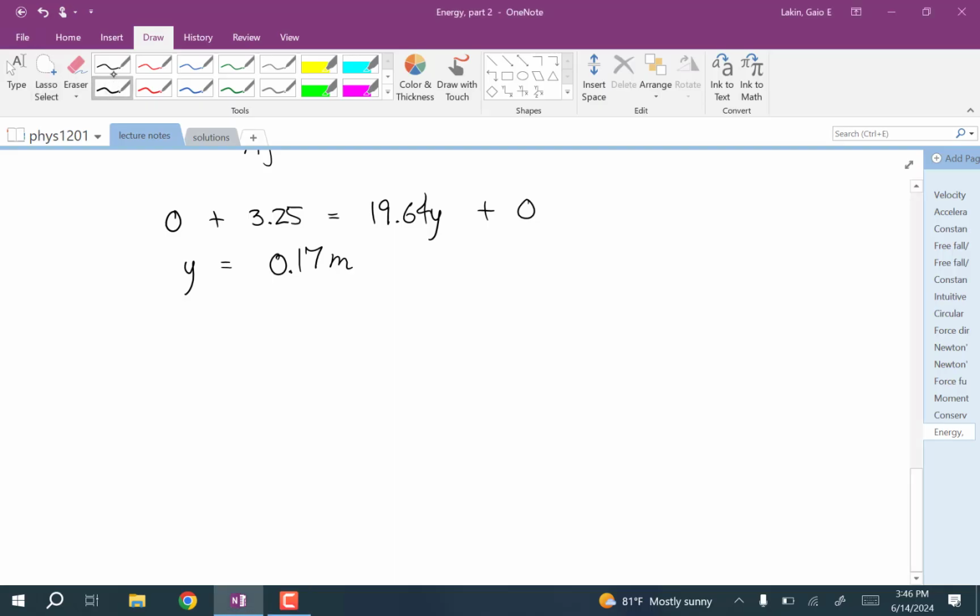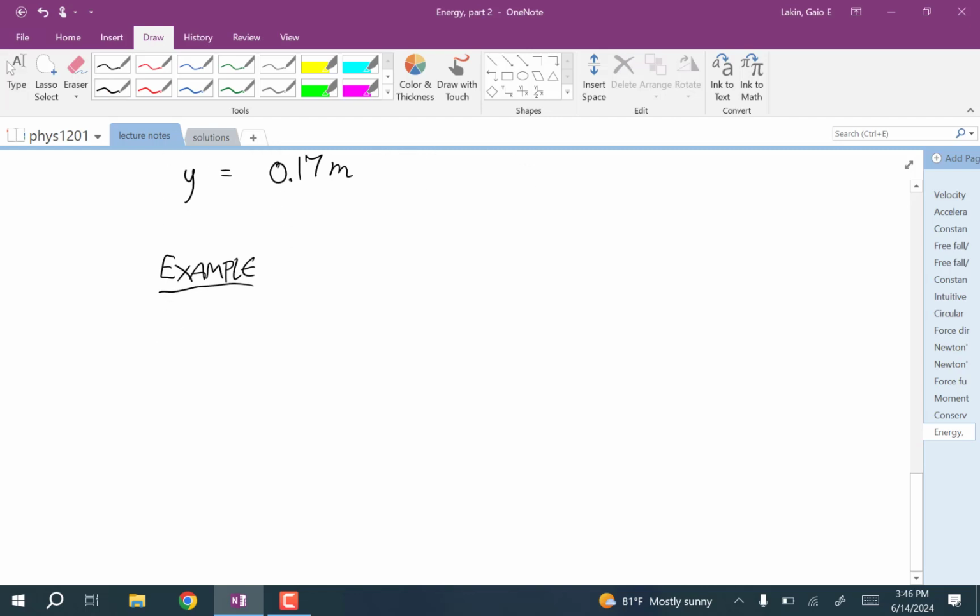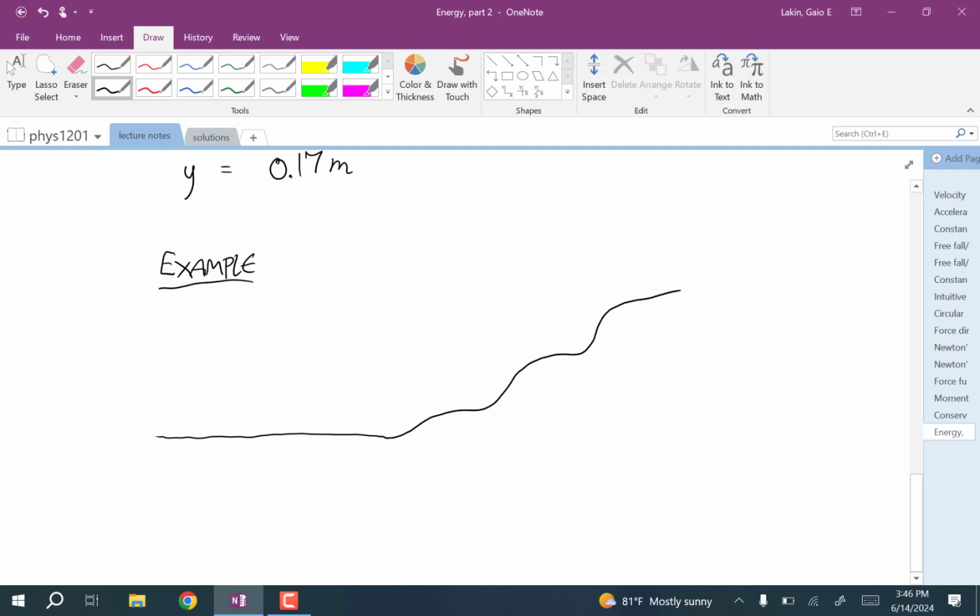For the second example, I'm going to do one where instead of using conservation of momentum, I'm going to use the impulse momentum equation. But besides that difference, the approach is the same. So let's say that we have at the bottom of a hill a cart with a mass of 0.5 kilogram.